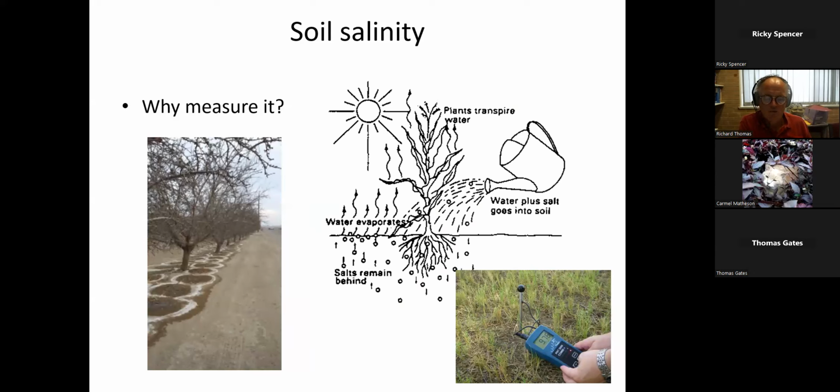If we're not getting sufficient rainfall to wash those salts down into the soil, or the soil is compact and not very good at draining, you will get accumulation of salts, and you'll get problems of salinity and poisoning of the land due to the accumulation from irrigation water. The way you measure it is using a conductivity meter like this. You can measure salt concentrations pretty well using a conductivity meter.